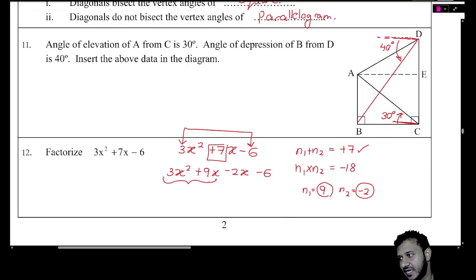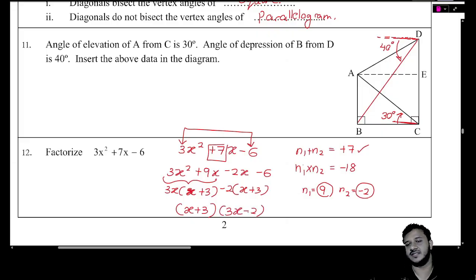Out of these two, what can I take out? I can take 3x out, and that's x plus 3. So without any doubts, I can write x plus 3 here. But what times x is negative 2x? Negative 2. Will negative 2 times positive 3 make negative 6? Yes, of course. So what are my factors? X plus 3 and 3x minus 2. Everybody good?